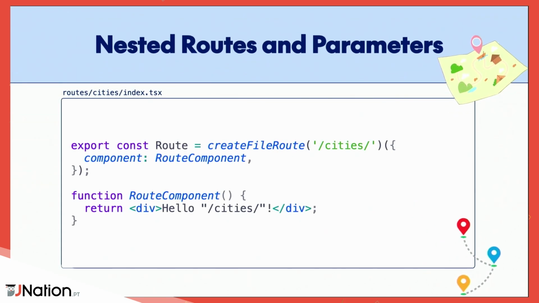In this case, I created a folder cities/index.tsx under the folder routes, and I created a route. This is all generated by TanStack Router when you have the server running. So it creates our file route and the root component.